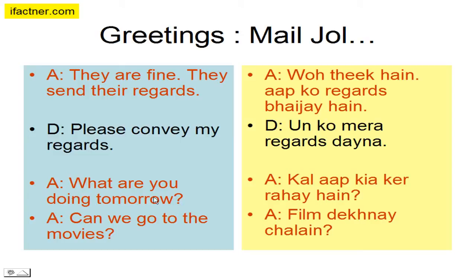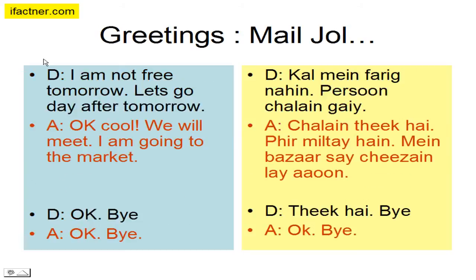What are you doing tomorrow? कल आप क्या कर रहे हैं? Can we go to the movies? फिल्म देखने चलें? I am not free tomorrow. Let's go day after tomorrow. कल मैं फारिग नहीं, परसों चलेंगे.